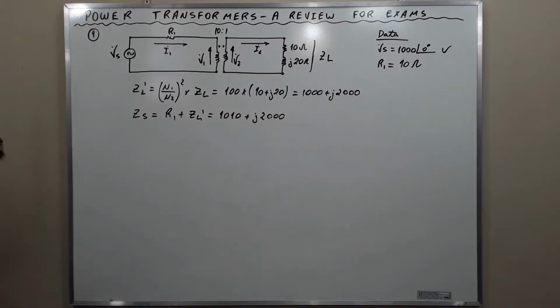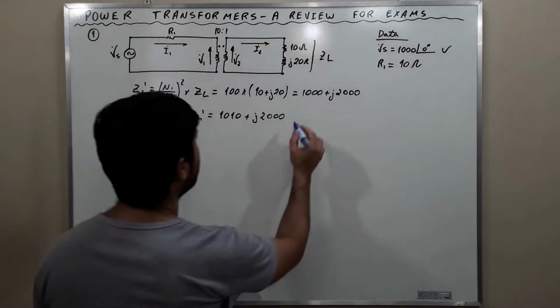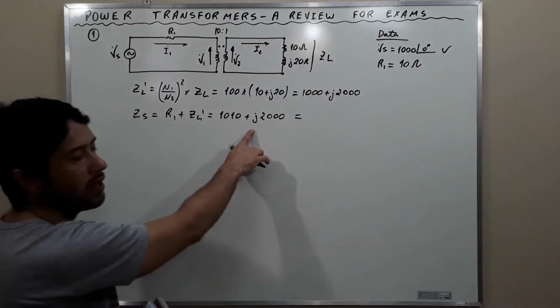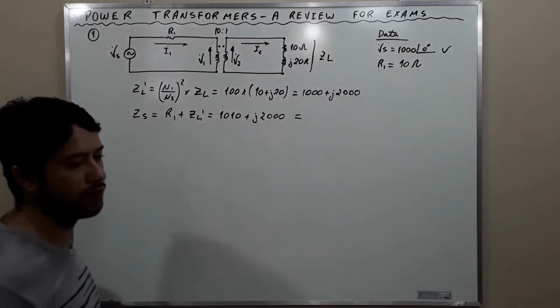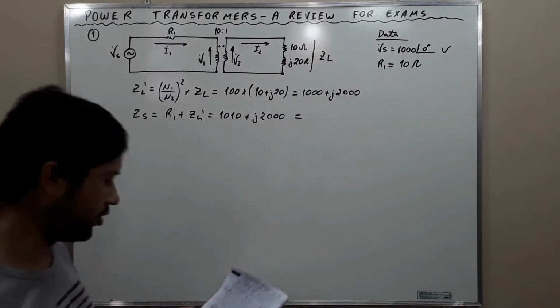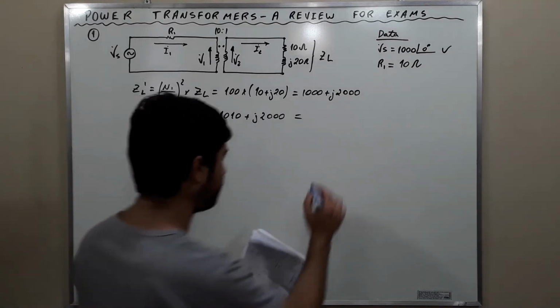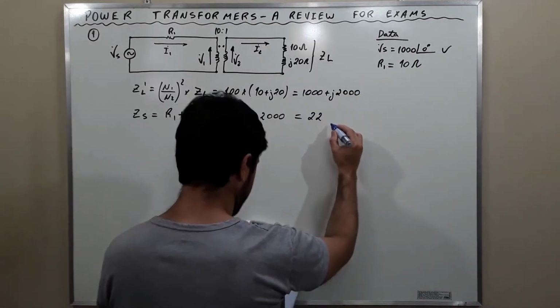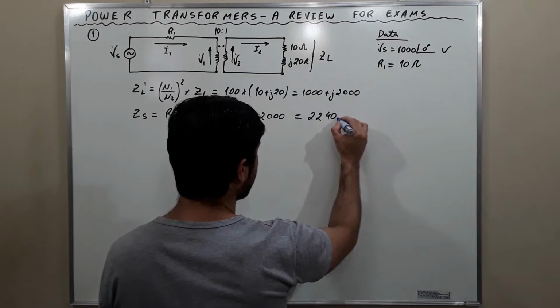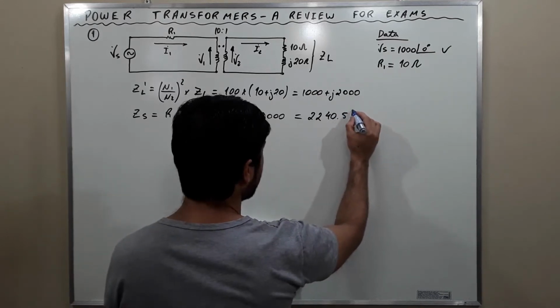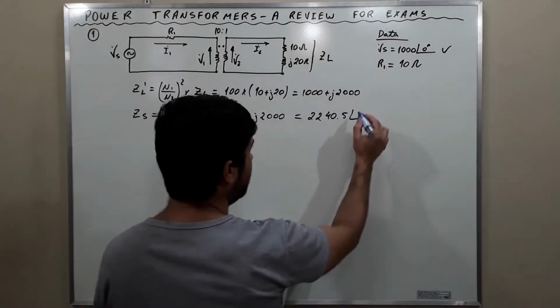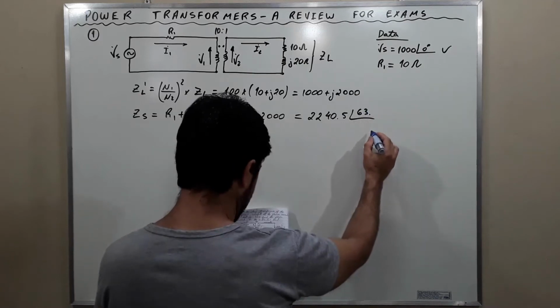With this, we can calculate the current. But before that, we convert this to polar. This is the Cartesian representation of the complex number, and we are going to change it to polar because it facilitates our calculation.